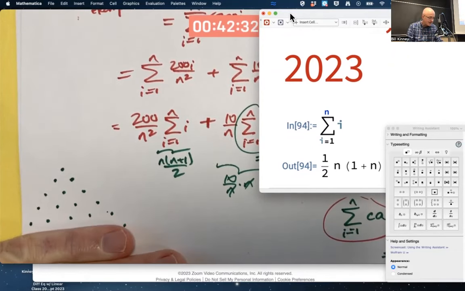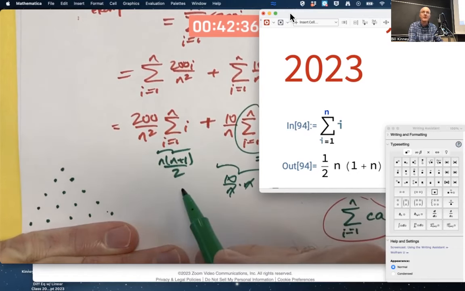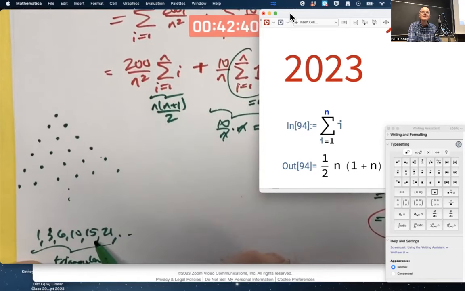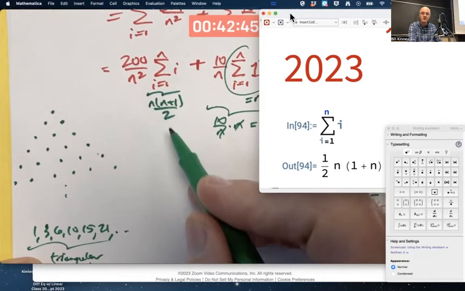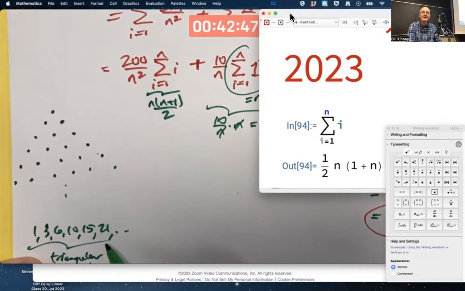When n is 5, 5 times 6 over 2, 30 over 2 is 15. Yeah, it's the next triangular number, 15. When n is 6, 6 times 7, 42 over 2 is 21. It's working.